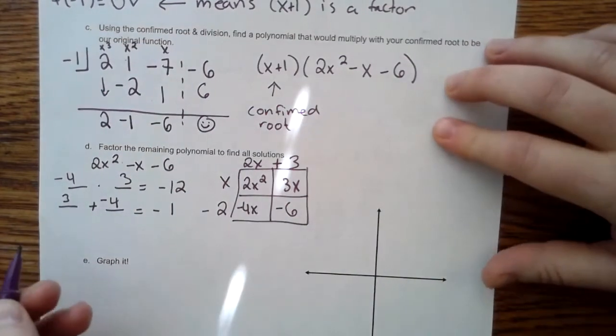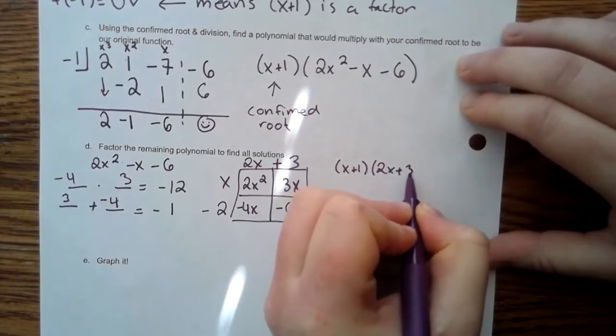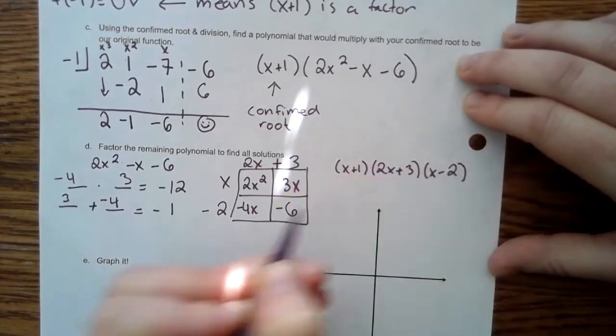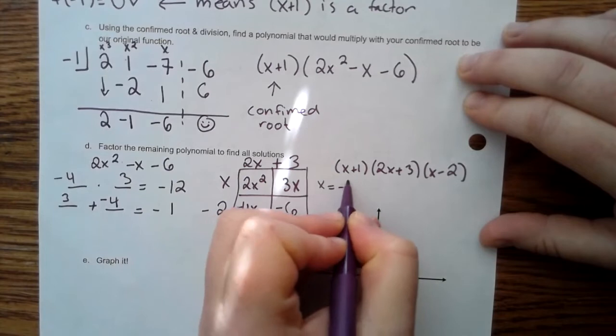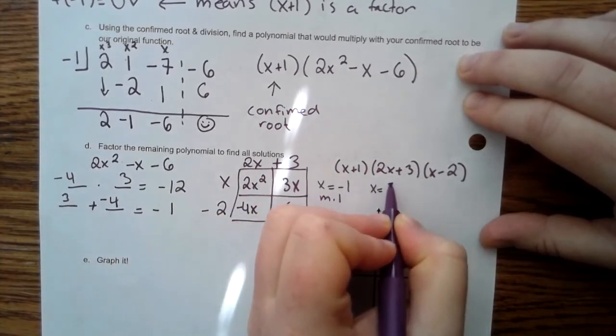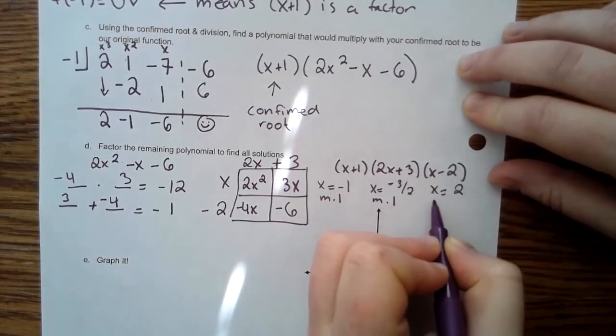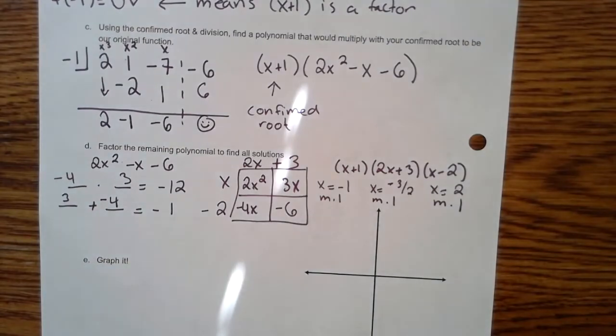So I now have x plus 1, 2x plus 3, x minus 2. So I know x equals -1 is an intercept, multiplicity 1. X equals -3/2 is an intercept, multiplicity 1. X equals 2 is an intercept, multiplicity 1.